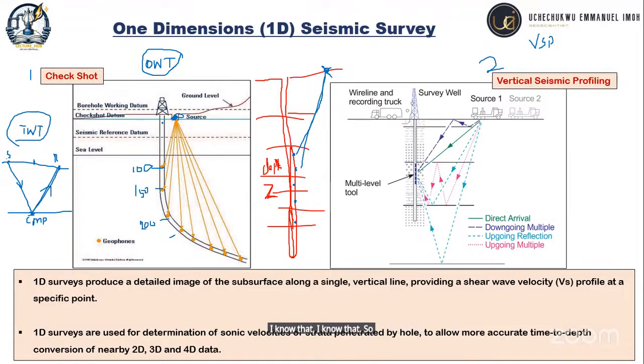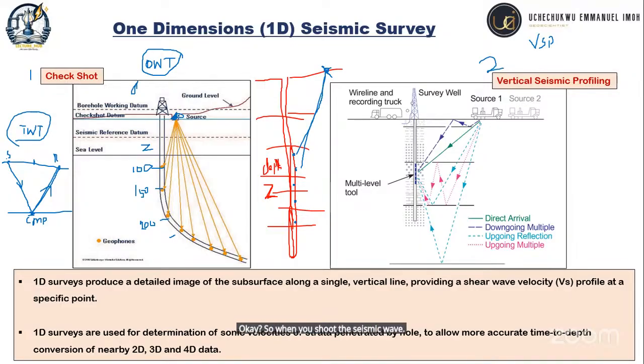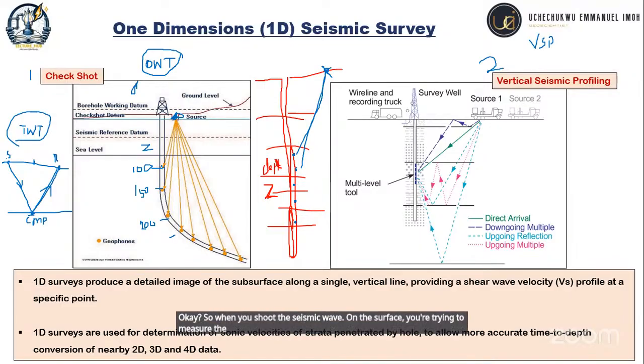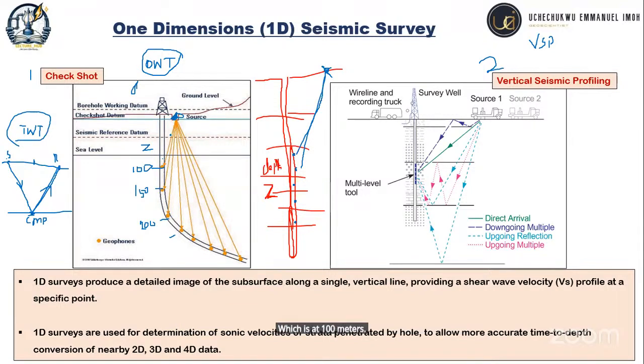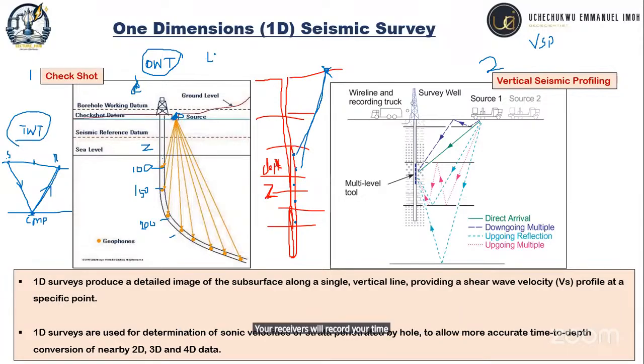So you already know the depth in terms of the Z direction, which is the same thing as distance. When you shoot the seismic wave on the surface, you're trying to measure the time that receiver 1, which is at 100 meters, picks up the seismic wave, and the time receiver 2, receiver 3, and so on pick up the seismic wave. So your receivers will record your time for you.